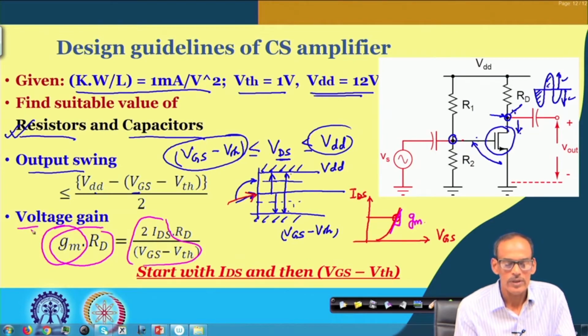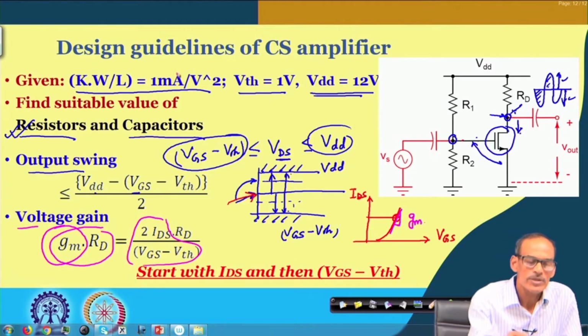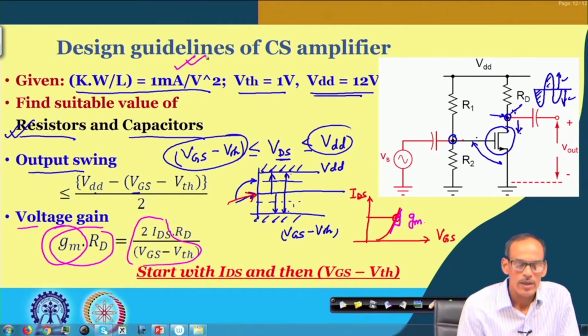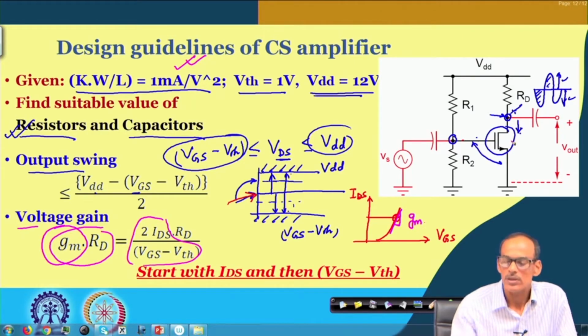So, where do we start from? In case the device parameters are given to us, and we also expect the current range of the device to be given to us, that means the current should be somewhere from sub milliampere to maybe 10 milliamperes or so.